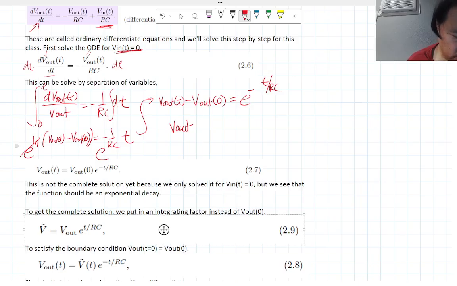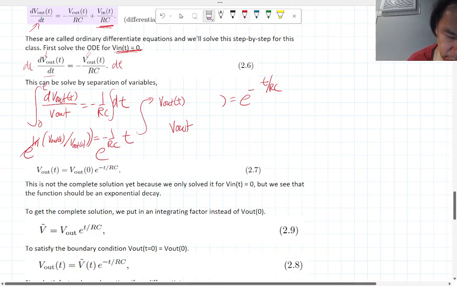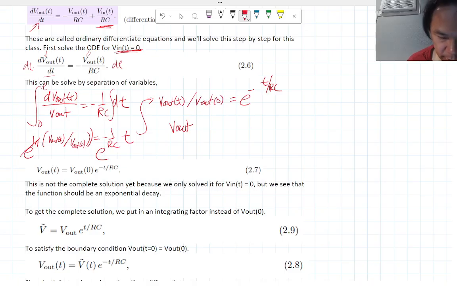Oh yeah, one more thing: when you're subtracting two things in a natural log, it's actually the same thing as dividing them. Sorry about that. So it's actually a ratio between them. That makes more sense. V out as a function of time over V out at time equal to 0 equals e to the minus t over RC.